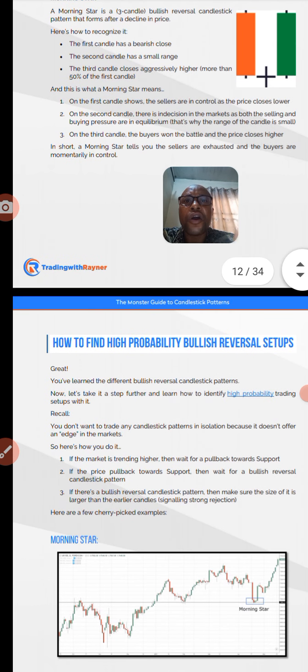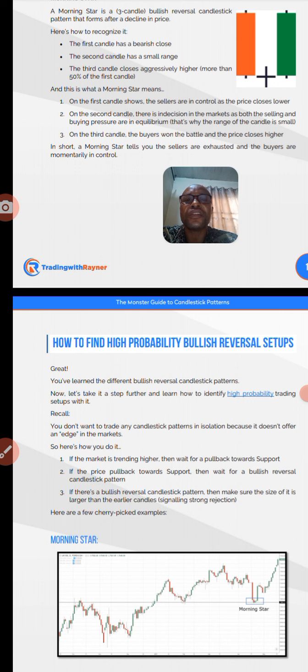The first candle shows the sellers are in control of the price. What about the second one, the one that looks like a plus? On the second candle, there is indecision in the market. I told you earlier that whenever you see a doji, it means indecision.